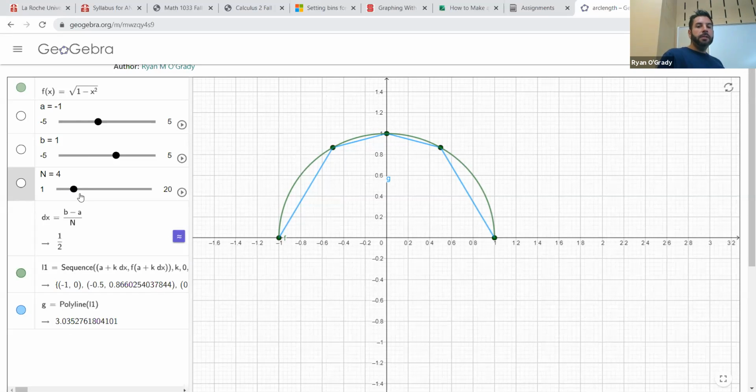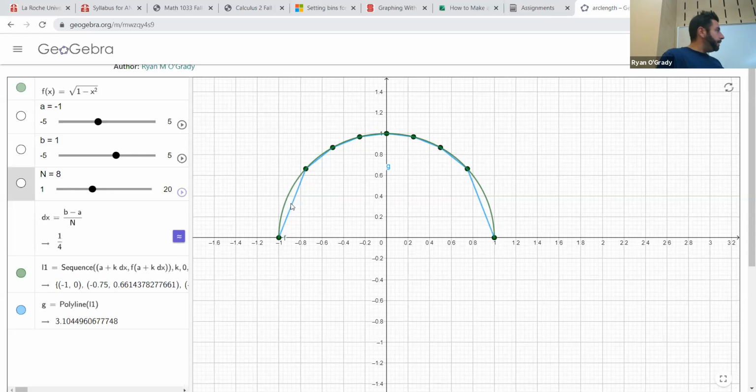But now what happens is if I increase the number of straight lines I add, if my partition is now larger, say I now have 8, well, now you see that I'm not good down here. I have a gap here, but up here, I'm pretty good.